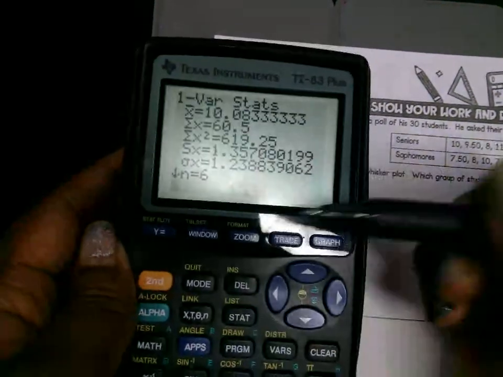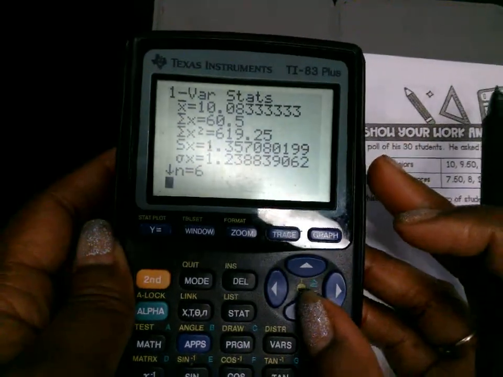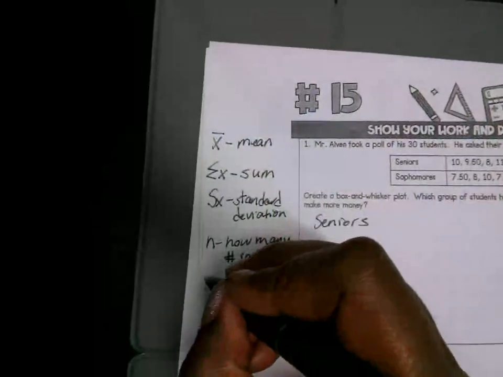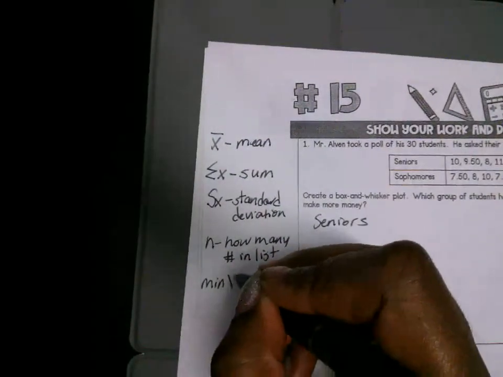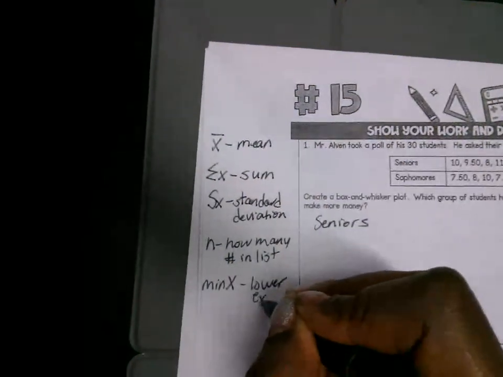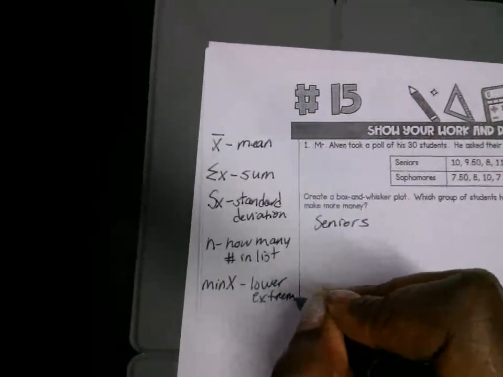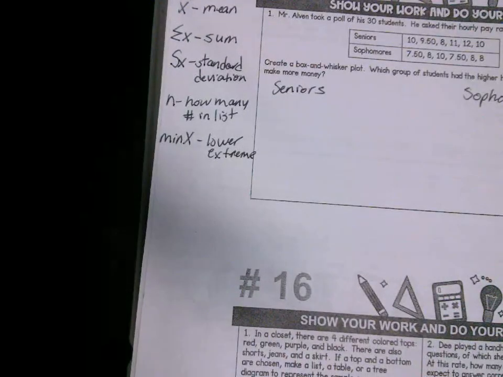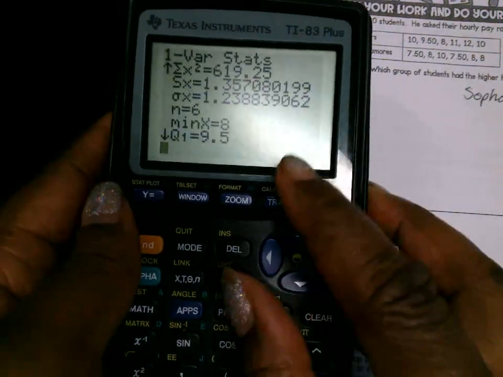Down arrow, because you see how it's saying go down because it's more values. Min X is the lower extreme. You need that for your box and whisker. That's the smallest number in the list. Sometimes people say LE. Press the down arrow again.